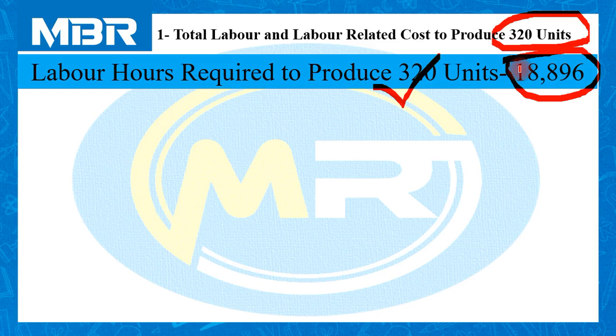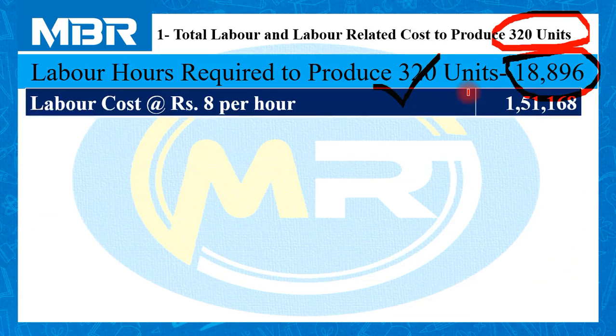I have discussed with you that we need to extend our calculation till the maximum number of units required, and here, as per the question, the maximum is 320 units. So from that table, you can easily derive the total labor hours required.